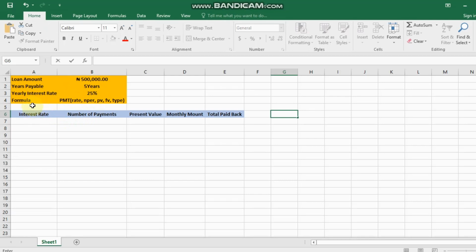So the formula we are going to use in calculating the PMT, the arguments. For us to get the interest rate, we're going to calculate it per month. The 25% is for a year, so we are going to divide the 25% by 12 months, which is 1 year.